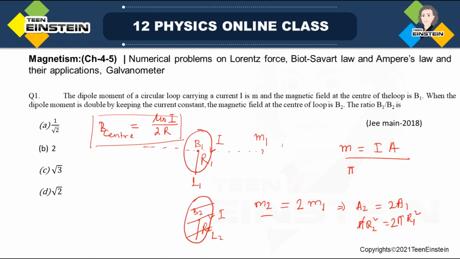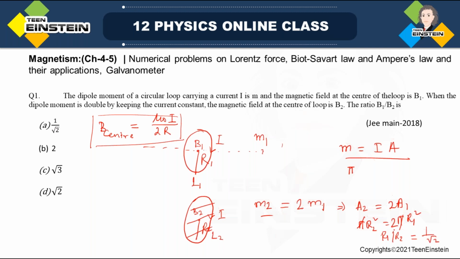Now we have got a relationship between the radii. So let us write r1 by r2. R1 by R2 will be 1 over root 2, because R1 square by R2 square is equal to 1 by 2.